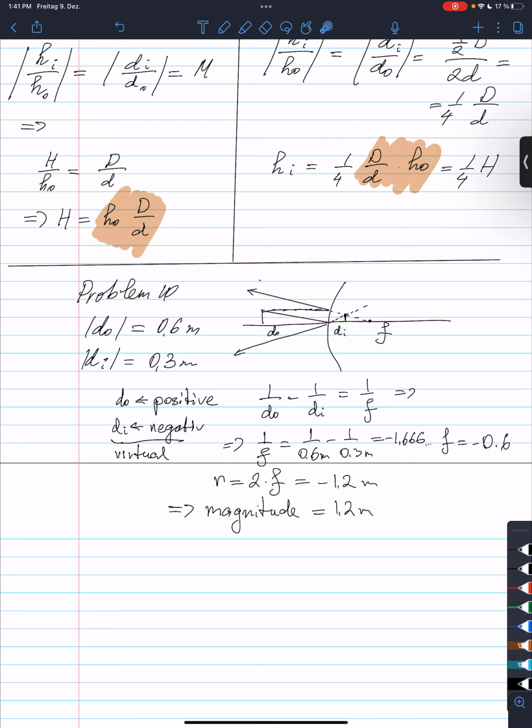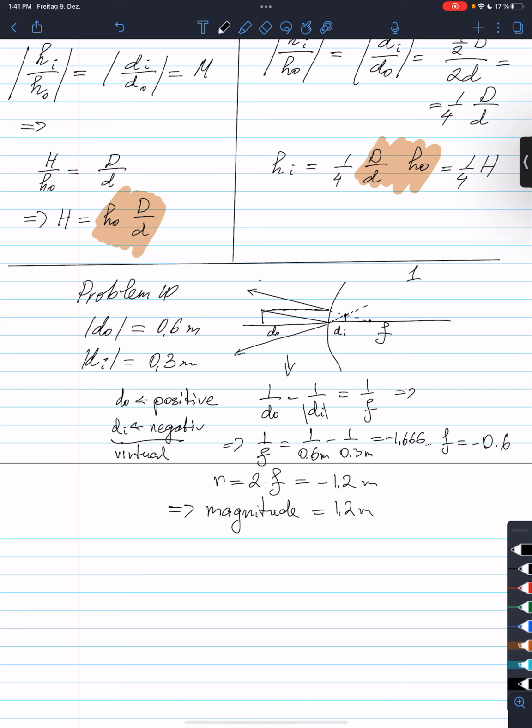Okay, very good. Since here I have to extend the light rays to where the light doesn't really go, to something imaginary, the image is virtual. If the image is virtual, then di is negative. I'm going to take this into account when I substitute into this equation, by substituting the minus sign over here.